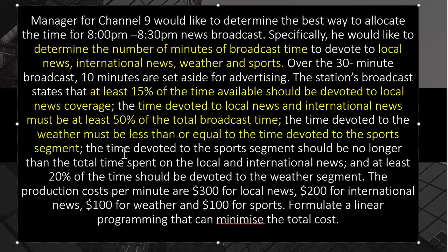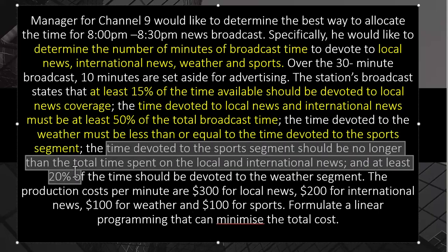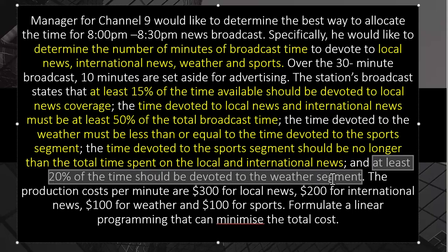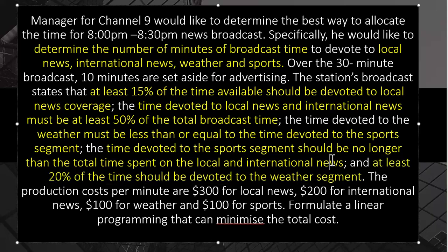The fourth constraint would be the time devoted to the sports segment should be no longer than the total time spent on the local and international news. And at last, it says at least 20% of the time should be devoted to the weather segment. Okay, so these will be our constraints.